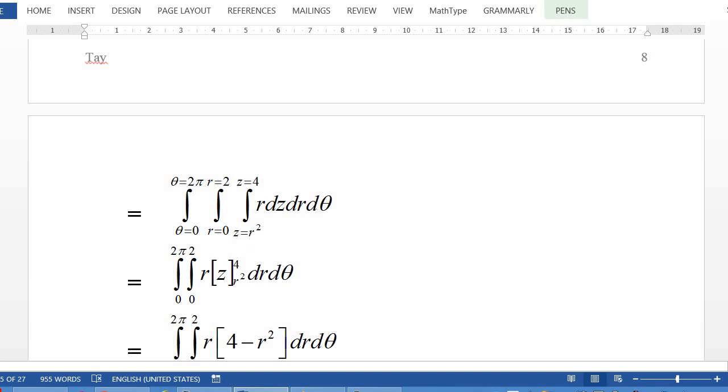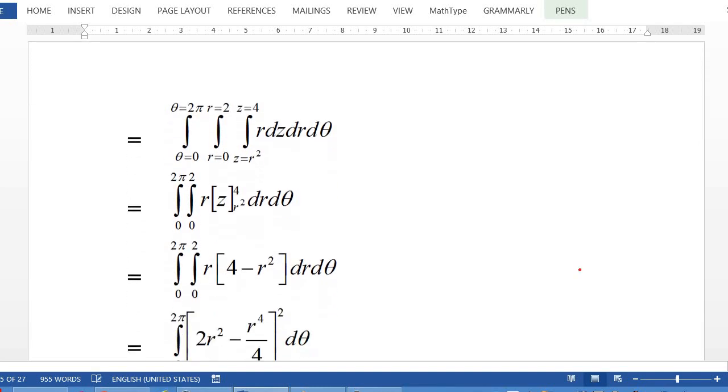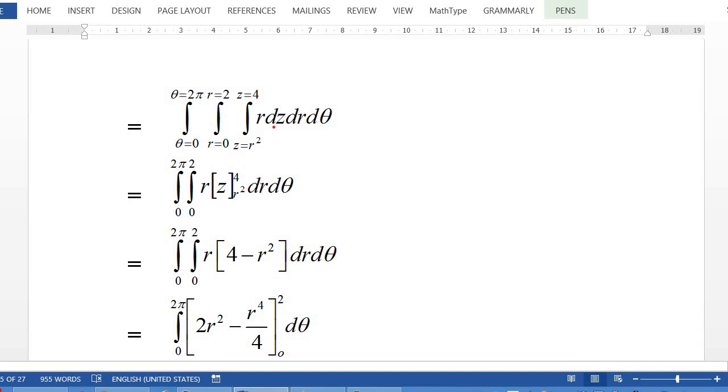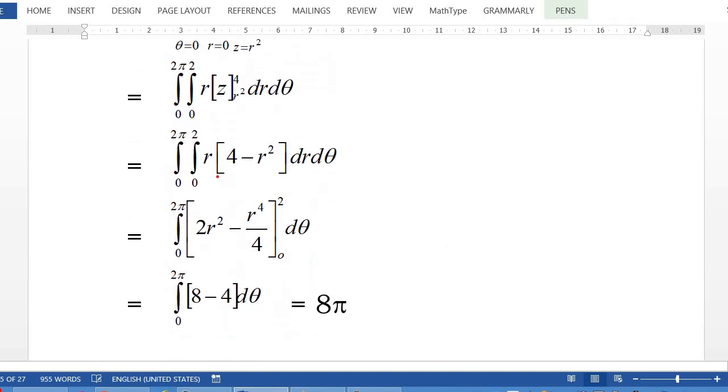So again, similar integrations. Integrate r dz, you get rz, plug in the limit, so 4 minus r squared. Later on, integrate with respect to r. Integrate 4r, we have 2r squared. Integrate minus r cubed, so minus r power 4 divided by 4.